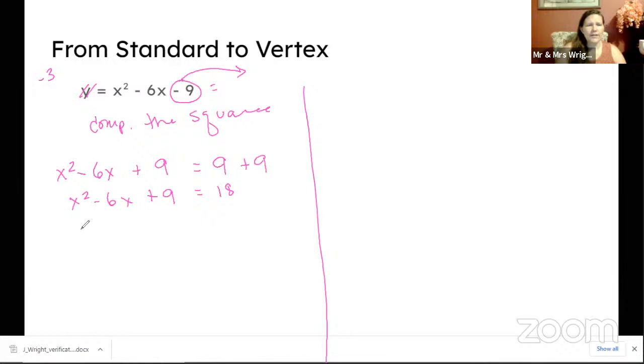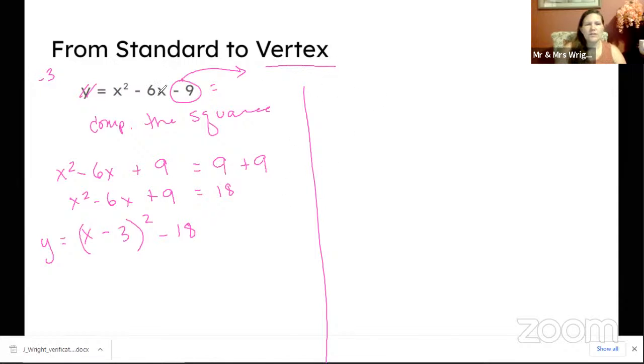Okay, now I can complete my square here. X minus 3 squared. And then I'm going to move my 18 back to the original side, -18. And then I can put y equals x minus 3 squared minus 18. And this is in vertex form.